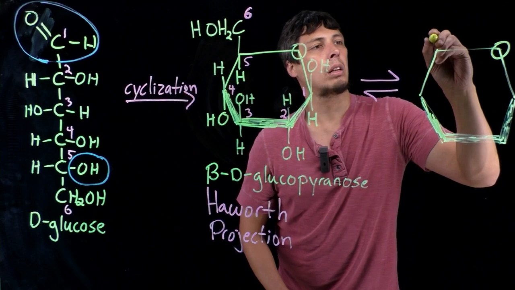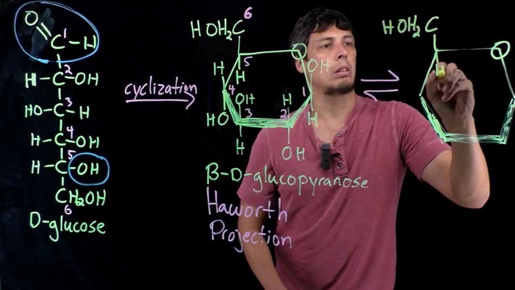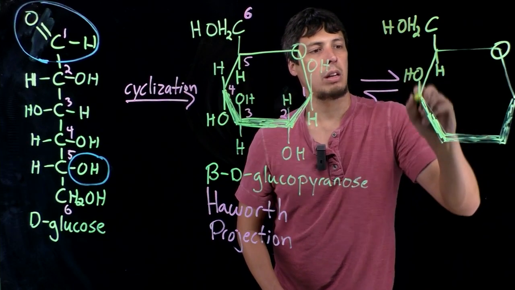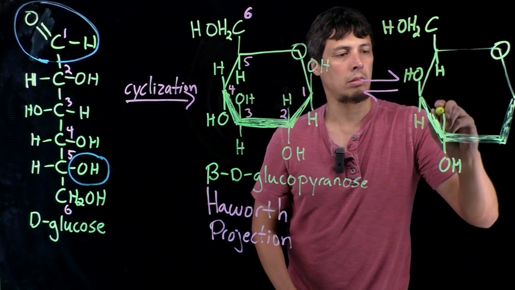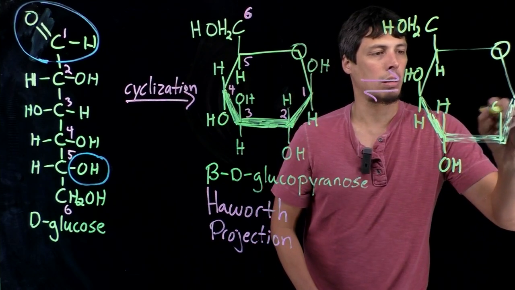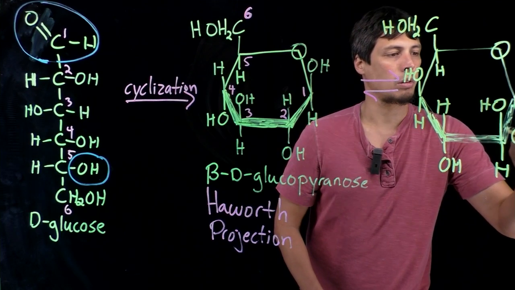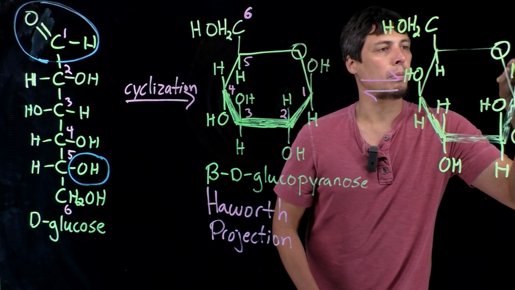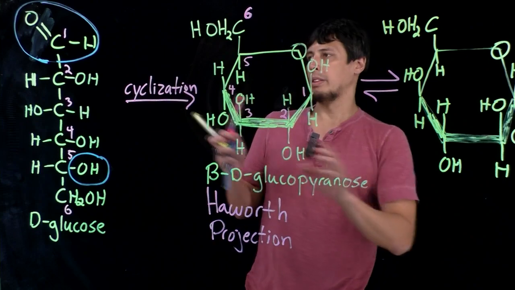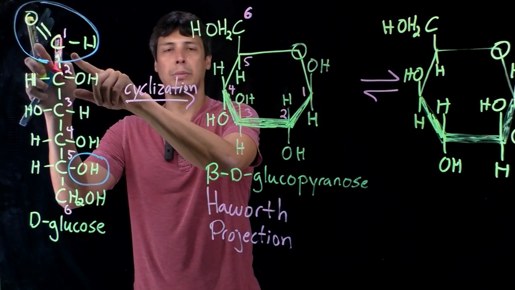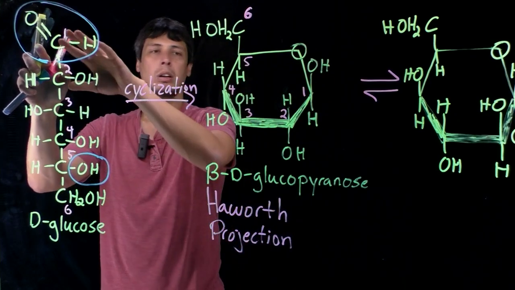There's our oxygen, CH2OH. Hydrogen is on the bottom, OH is on top, so everything is the same until we get to the 1 carbon. In that case, we flip the stereochemistry of the OH group at this 1 carbon. So this 1 carbon, remember, is where the point of attack happens at the aldehyde. Okay, so we can have one of these 2 stereochemistries depending on how this alcohol attacks this.